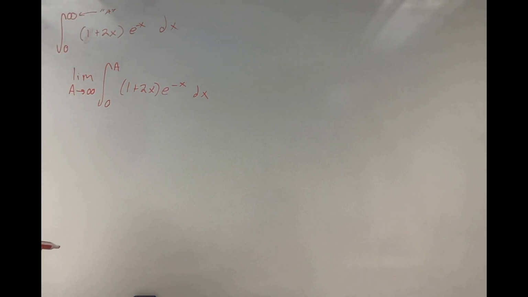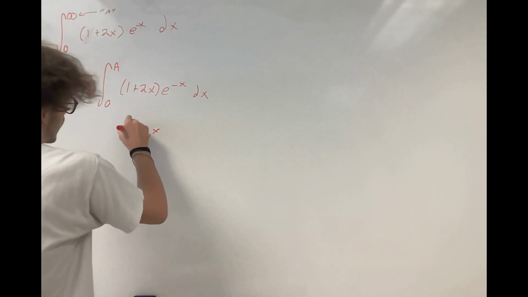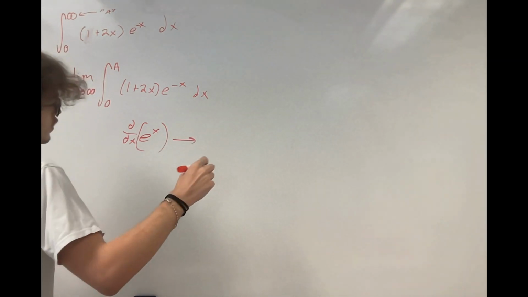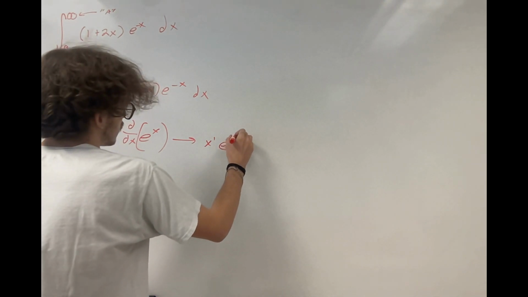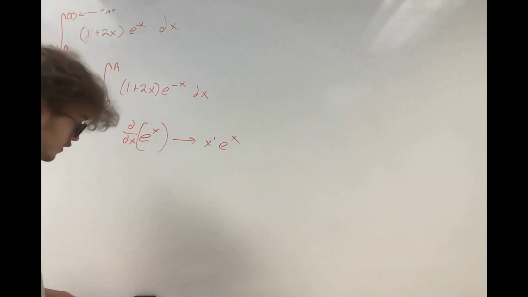But now we just have to evaluate this integral, and this is an integration by parts. I know this because I can't just do u sub on it. I can't do any just normal integral of e to the negative x. The reason it's not u sub is because if we take the derivative of e to the x, it's not going to be 2x.